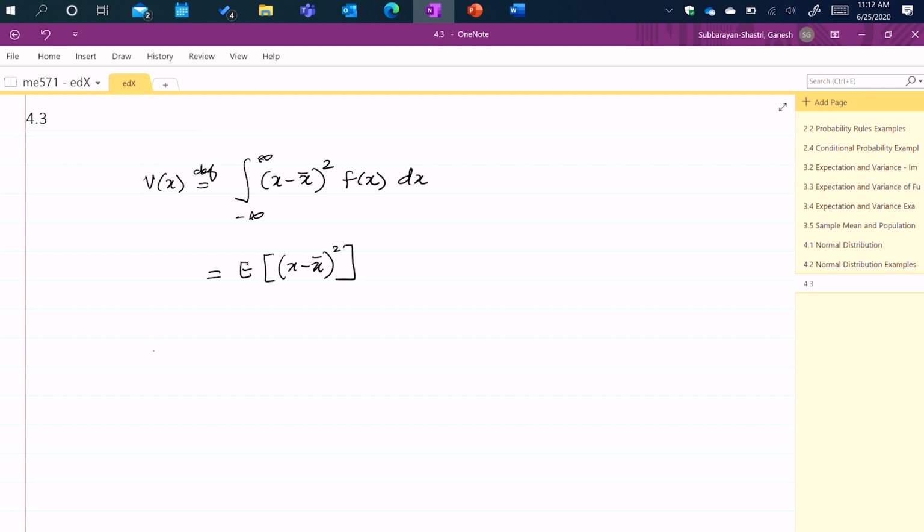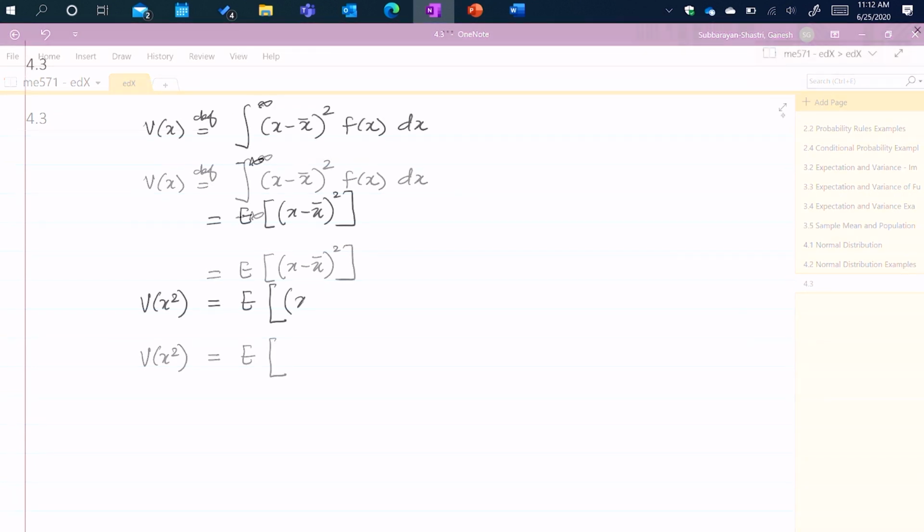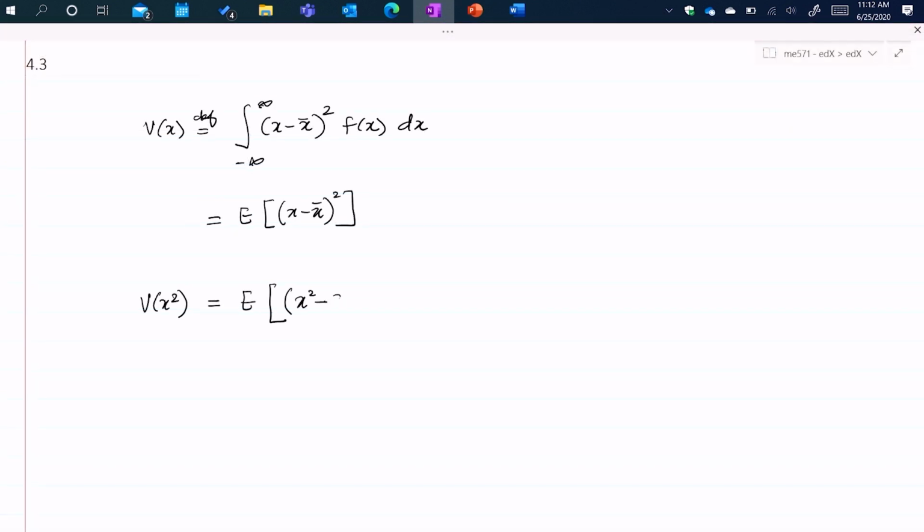Now, if I take the variance of x squared, the variance of x squared is the expected value of x squared minus the expected value of x squared, this whole thing squared.